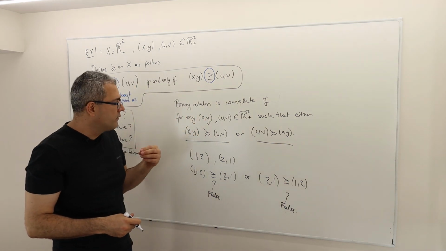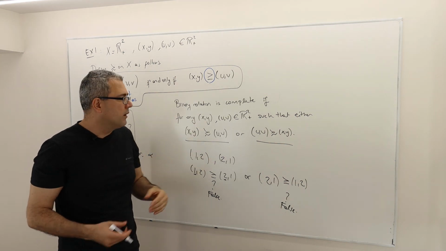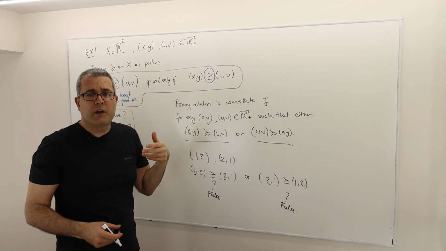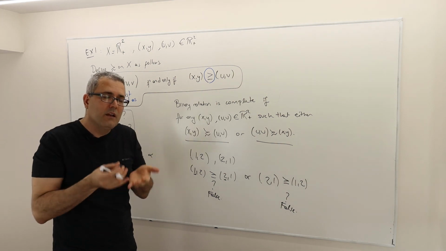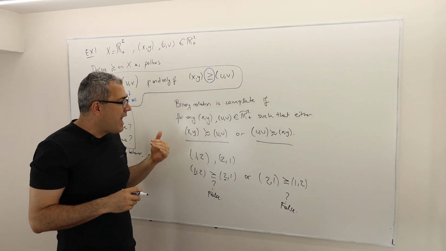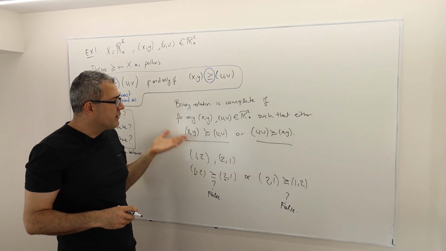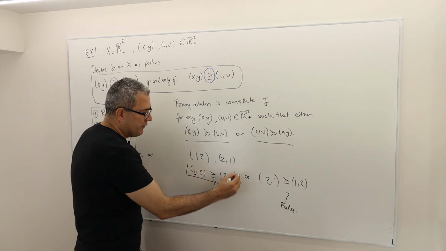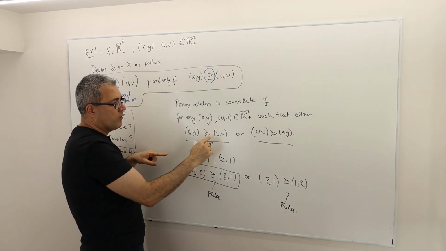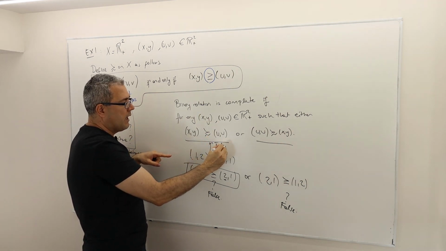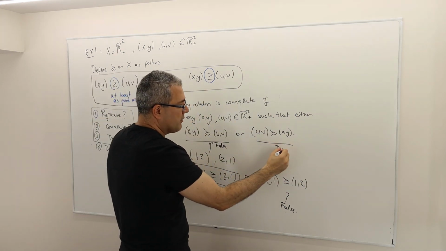So I found an example: x, y is 1, 2 and u, v is 2, 1, which are elements of R squared plus, right? So they are elements of my set of alternatives. And neither this nor this is true. So therefore, by the way, remember, if this is false, because the definition is an if and only if statement, this must be false as well.